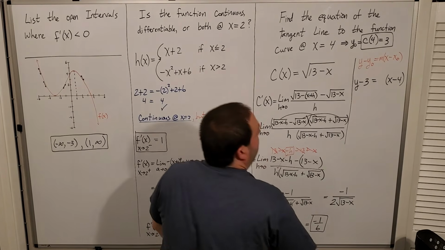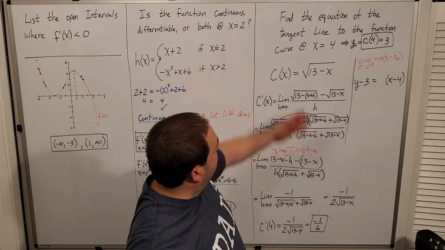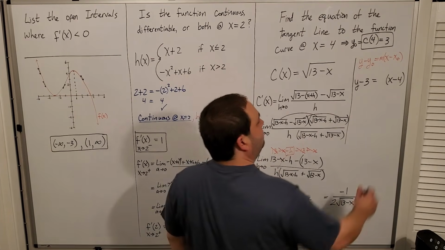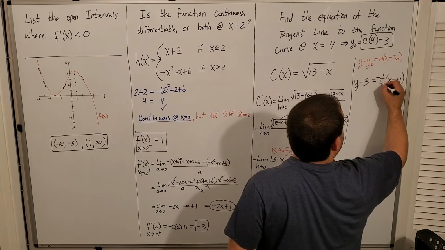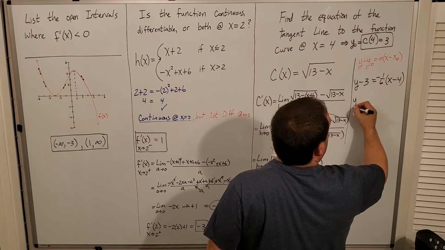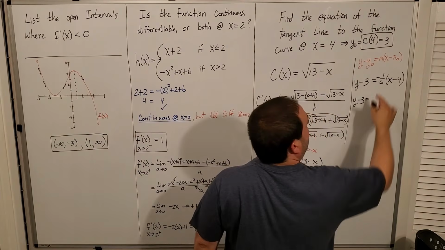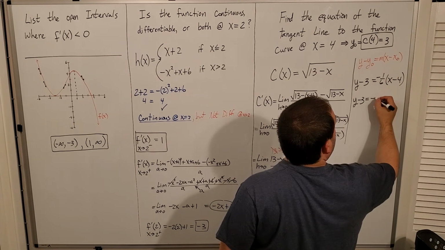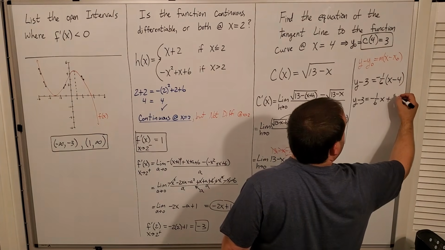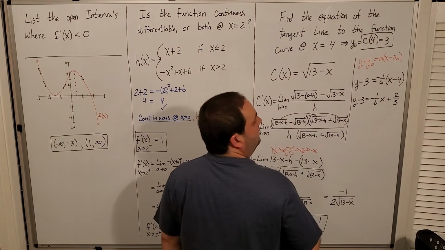All right, so let's finish up the problem. They want the equation of the tangent line. That's the slope of the tangent line. So negative 1/6 then goes here. I have y minus 3 equals negative 1/6 times (x minus 4). I'm going to distribute. 4/6 is 2/3.